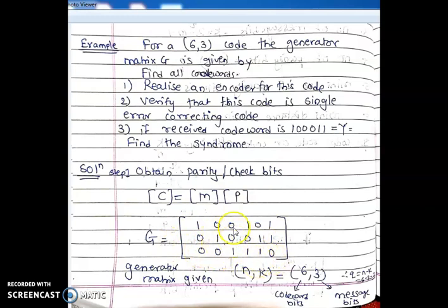From this we come to know the values of N and K: the code word length is 6 bits, or you can say the message is 3 bits. Q is N minus K, so 6 minus 3 gives Q, the parity or check bits, which is 3.